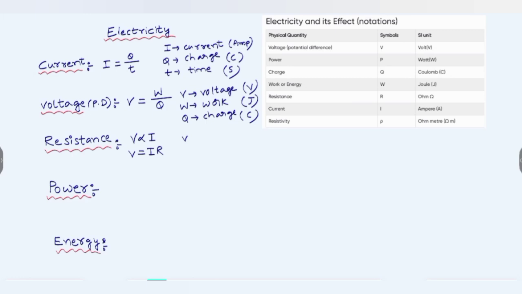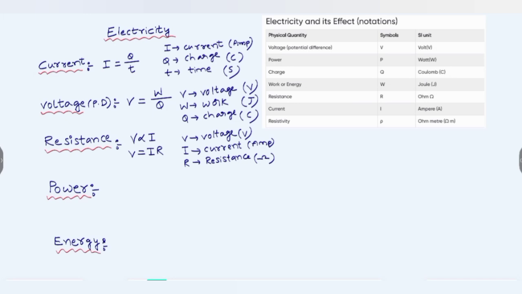Here, as usual, V is voltage, whose units are volts, and I denotes current, units amperes, whereas R is new now, that is resistance. Resistance of the conductor, and the units of resistance are ohms. So V is equal to IR. This is the third important formula.